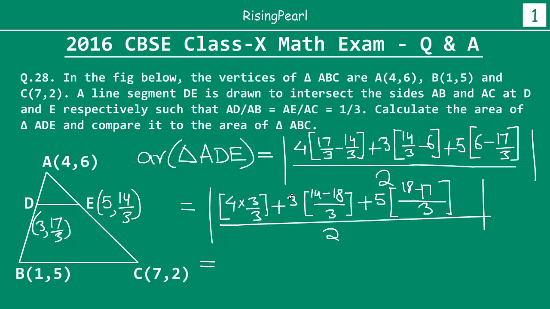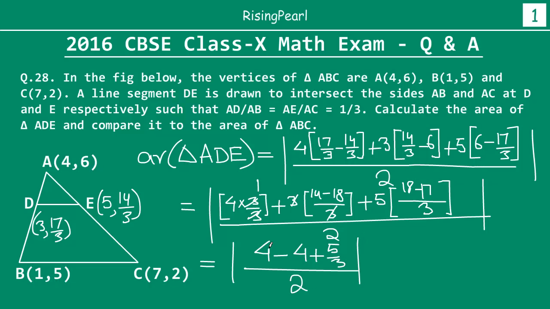Let's see if we can find this now. The first term will come down to 4. What about the second term? The 3 and 3 cancel out, and we have 14 minus 18, which is minus 4. Now plus, this is 1 by 3, so 5 by 3.